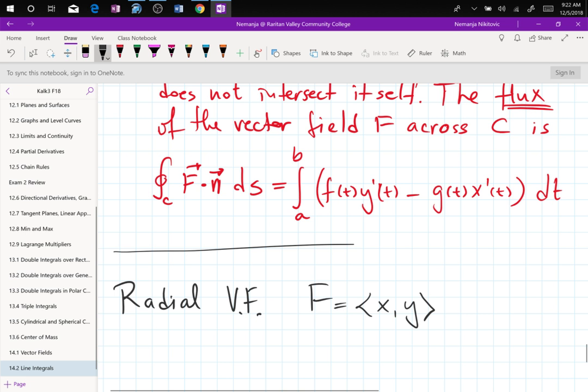We are again going to be on the unit circle, which is r of t, which would be cosine t, sine t. And immediately r prime, because we are going to need that. That's where your x prime and y prime are: negative sine t, cosine t.